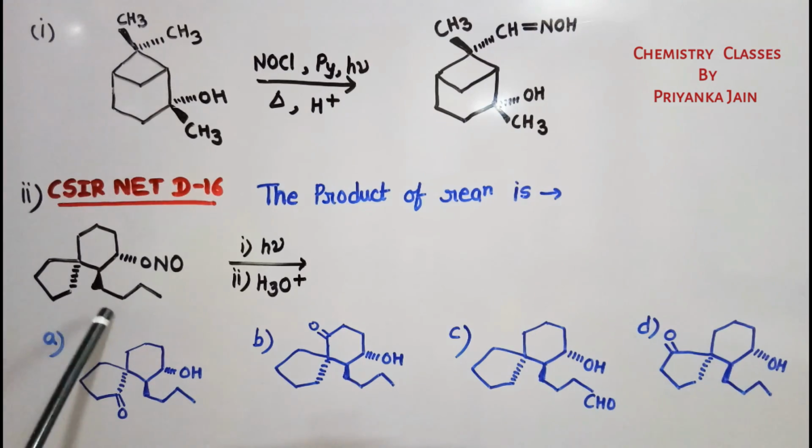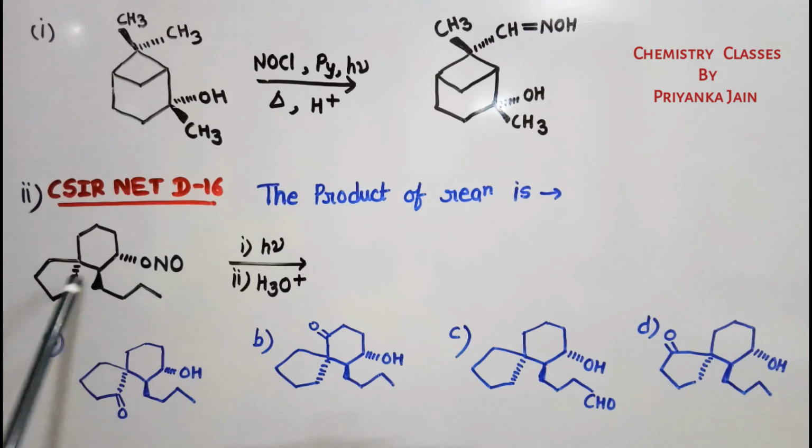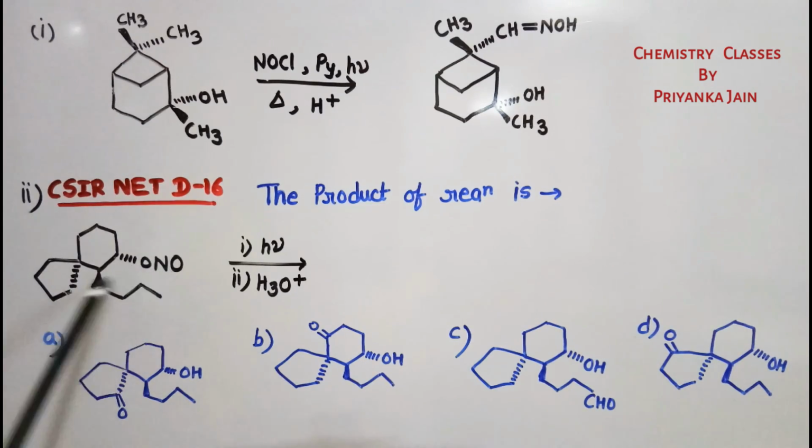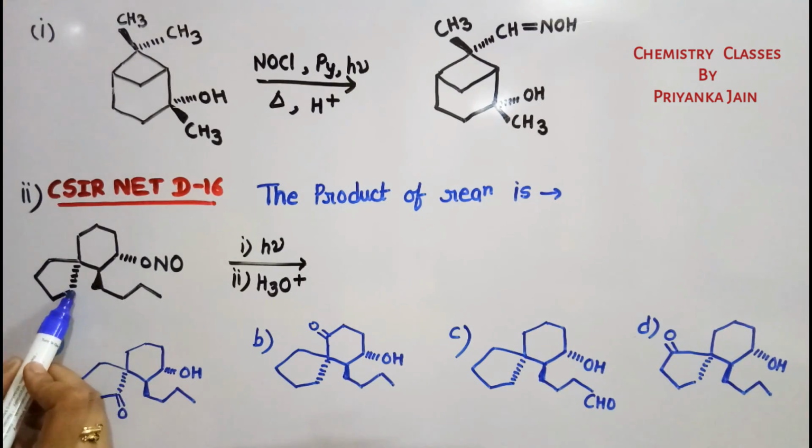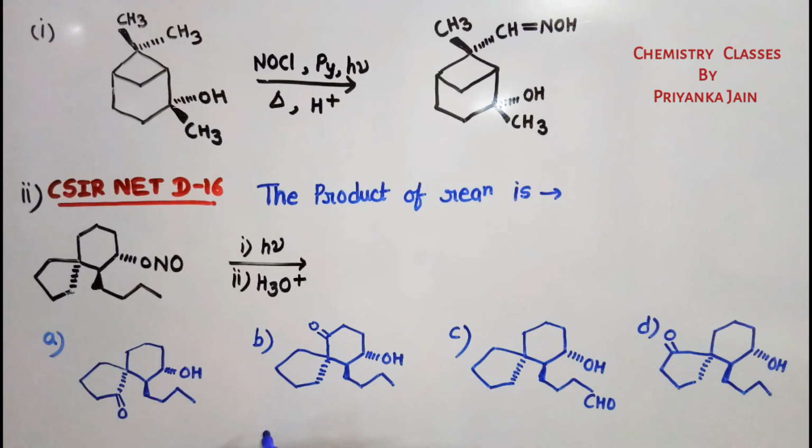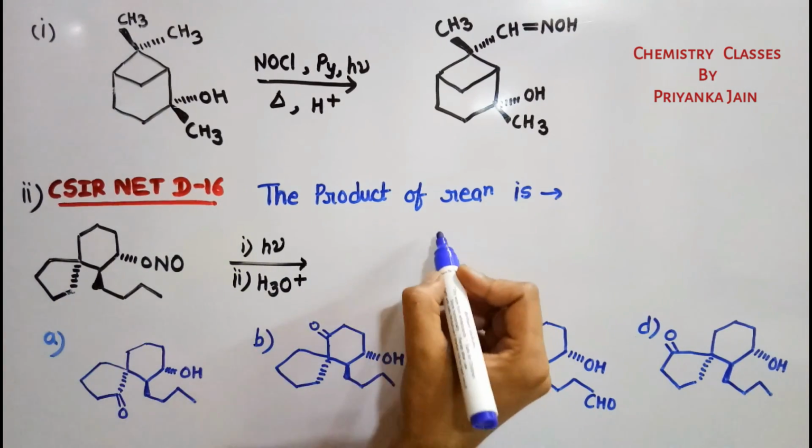But we have to see the planarity conditions. It means this ONO group is below the plane. So we have to find the delta hydrogen that is present below the plane. Now in this case, this hydrogen is present below the plane, so it will react with this ONO group. So what will happen? We can see here at this position, a double bond NOH group will be formed. It means we can write like this.